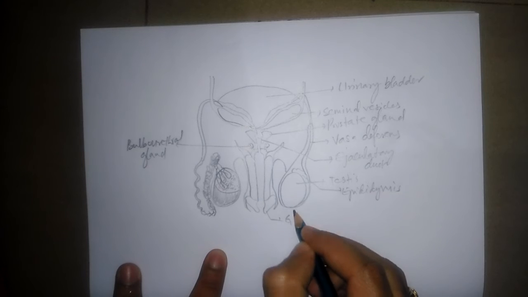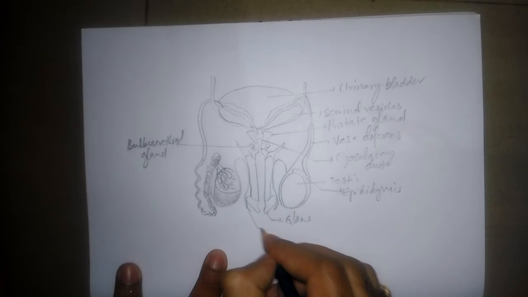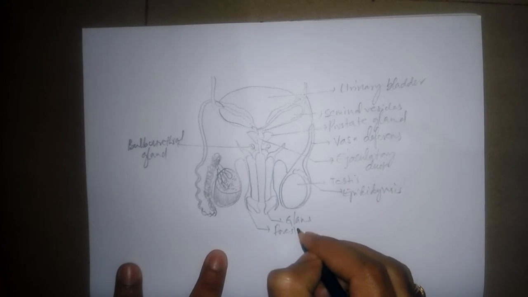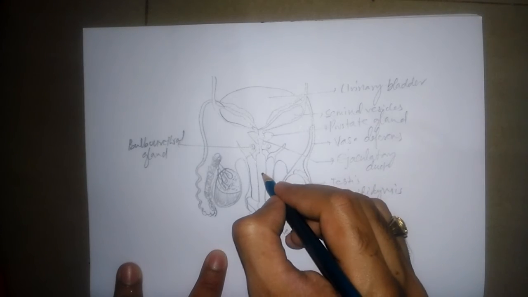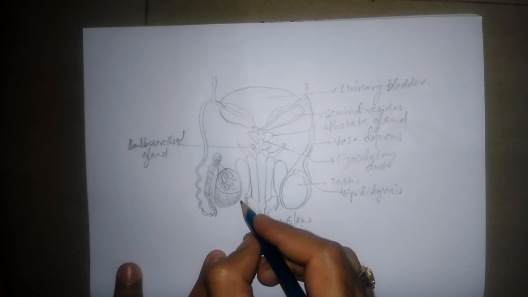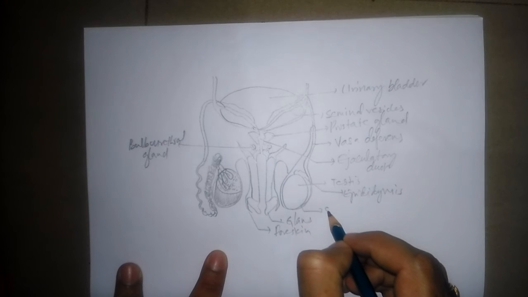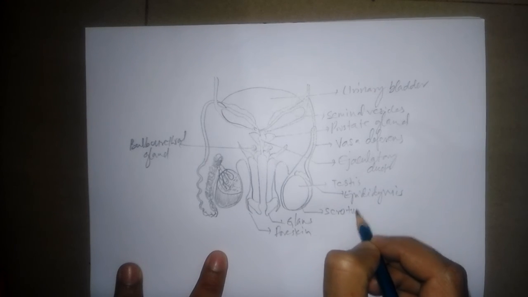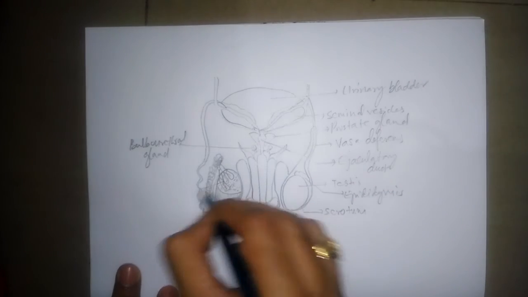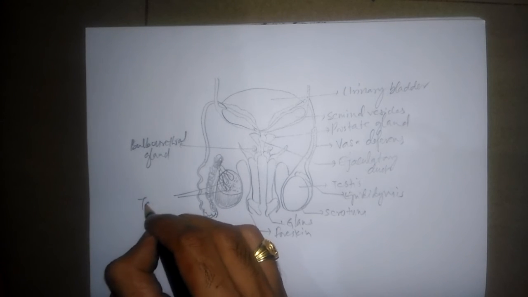This is the glans penis. This is the foreskin, right? This is the urethra, you can label it. The outer layer you can label as scrotum or scrotal sac. These are the testicular lobules.